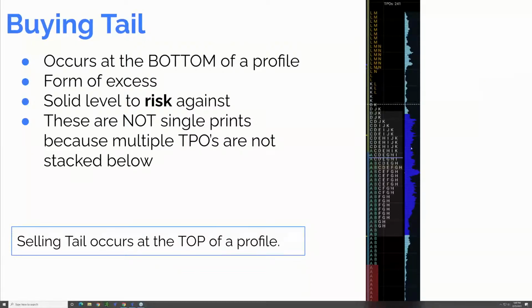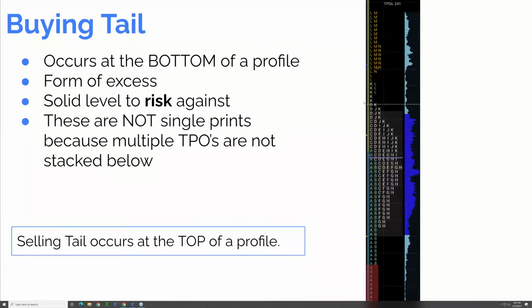I'm highlighting this because of the risk, how you can risk against it. I would be looking for longs in this case until the low is taken out. Otherwise, I'm looking for longs. That does not mean as the market wears on during the day, say I buy this breakout above D, say I get long K, it doesn't necessarily mean I'm risking all the way down to A. But what it does is, by having the buying tail, that gives me a direction to trade in.